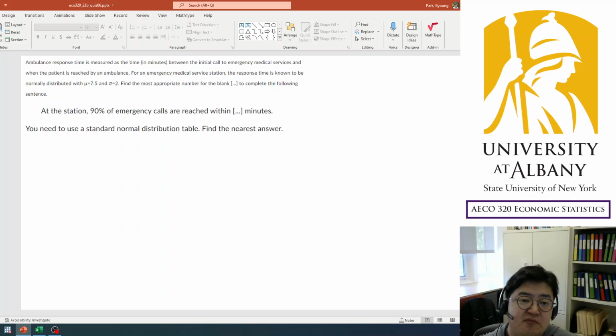Next, ambulance response time is measured as the time in minutes between the initial call to emergency medical services and when the patient is reached by an ambulance. So it is how fast the ambulance reacts to calls.